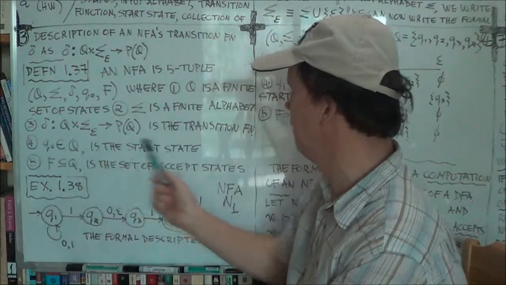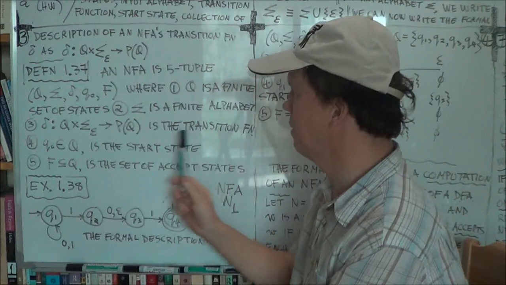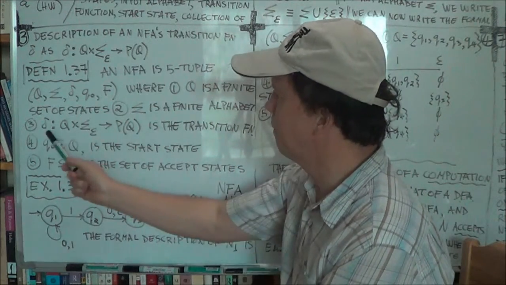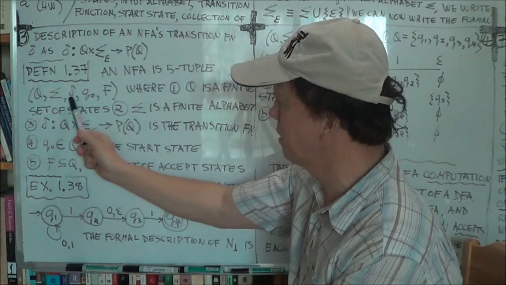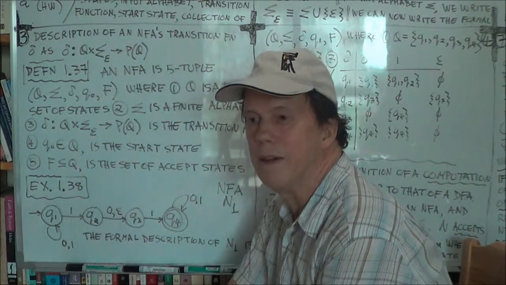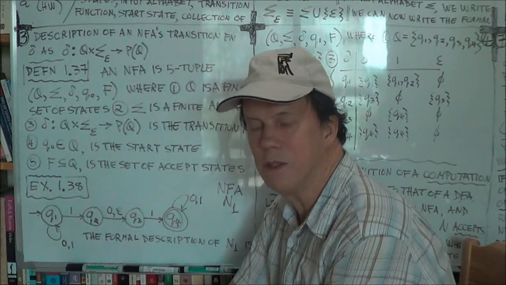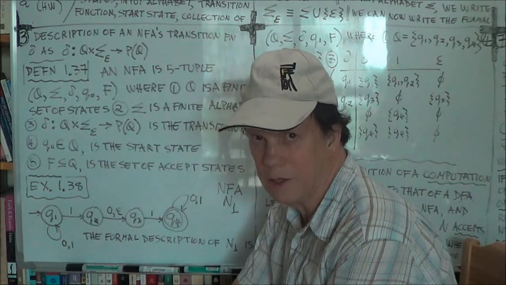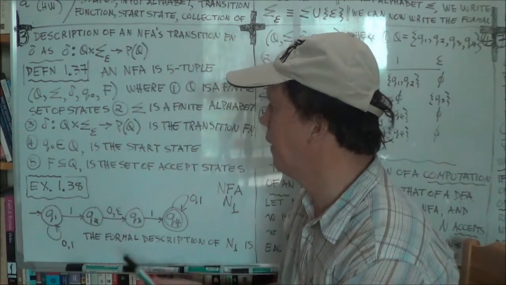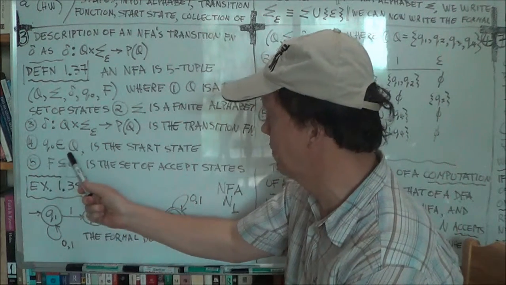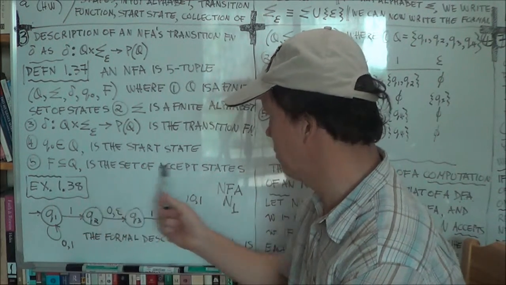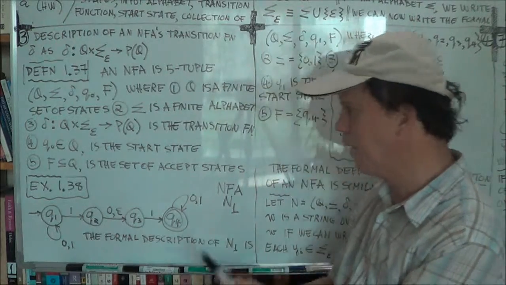That's your transition function. It just plugs in as your third item, and that's the essential difference between the formal definition of an NFA and a DFA. In the starting state, there's no change, and the set of accept states also no change, right?